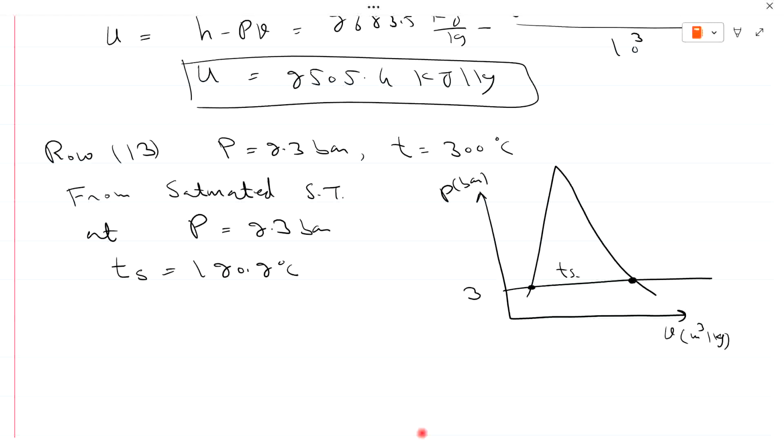So this temperature is 120.2 degrees centigrade, and the given temperature is 300, more than this value. It means that the properties are in the superheated region, as T is greater than Ts.